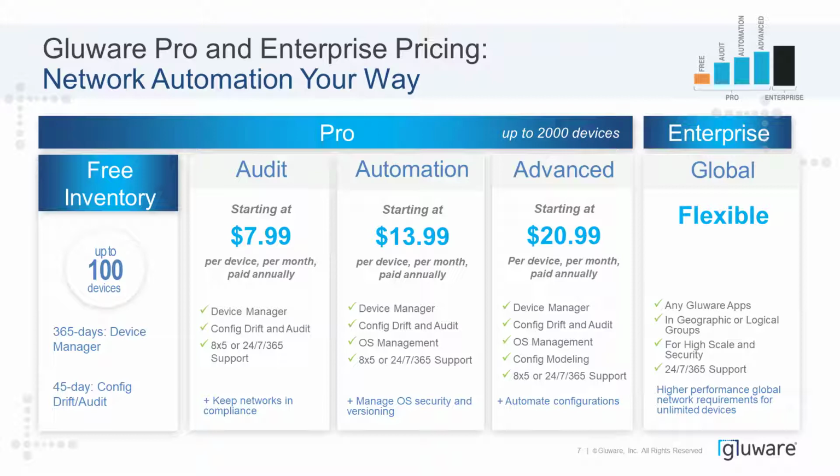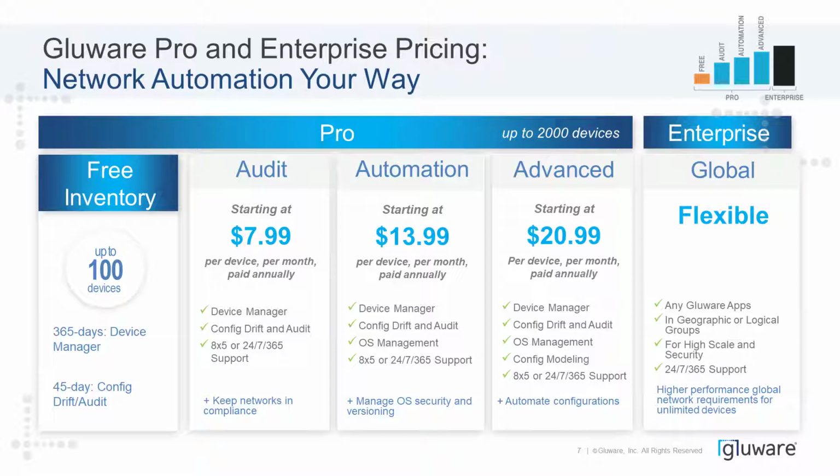Now let's look at the new Pro offering. With the new Pro offering, we're very excited to announce a free inventory component. So any qualified prospect can use Gluware for free for 1 year using our Device Manager app. The Device Manager gives you inventory, discover your network, perform very detailed inventory on your devices.